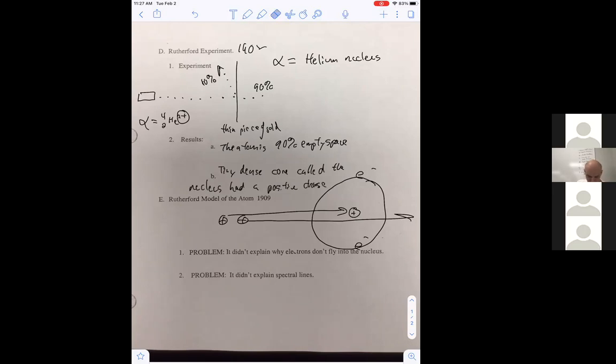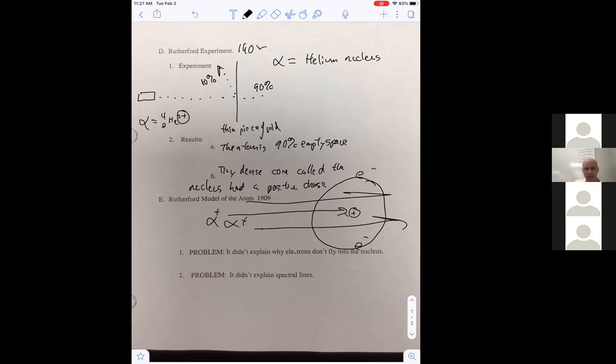I'm going to actually change that to look like the alpha particle. So when I shot these positive alpha particles, most of the time they went straight through, but every once in a while they'd hit the nucleus and bounce back.